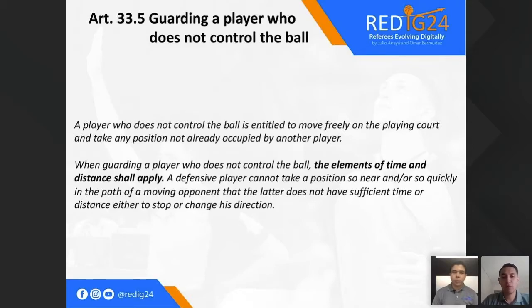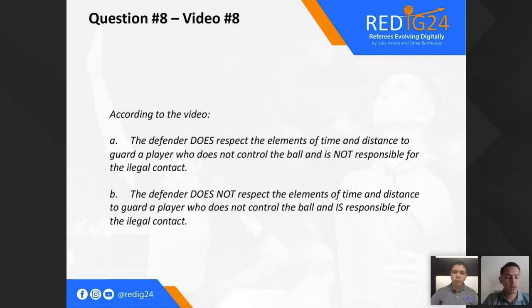So basically, remember when guarding a player who does not control the ball, always remember the elements of time and distance. So we have questions based on the video that we'll be playing right now. We have two options right here.